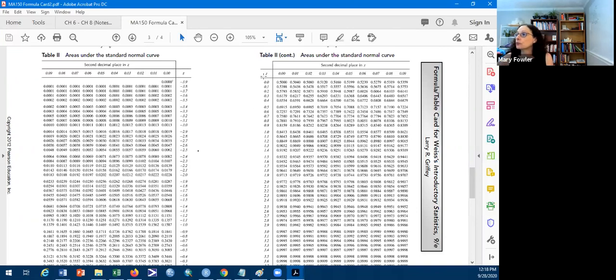We go to the row defined by 1.2, and then to the column given by the hundredths value. So we're looking for 1.23. So we look at the 03 column, and we get this value right here, 0.8907. Okay, so let's go back to the whiteboard and we'll finish the problem up there.